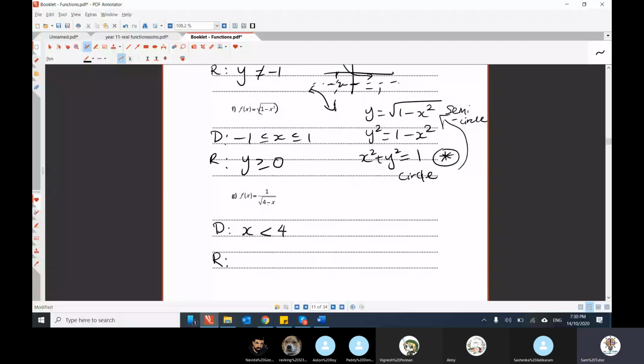And your y must be greater than 0. It's not equal to 0, because the bottom will never be 0. If the bottom's never 0 and the top's always 1, well, 1 over anything will never be 0. So it's just going to be greater than 0. True? That comes from a hyperbola as well, right? With a hyperbola, it can't equal 0. Y is greater than 0.